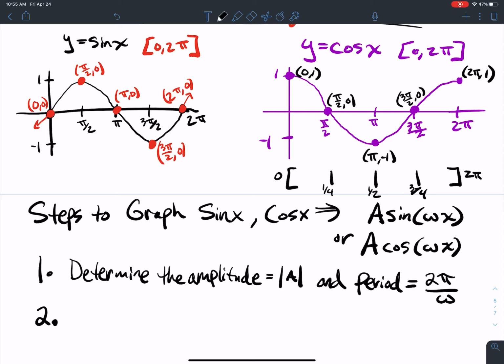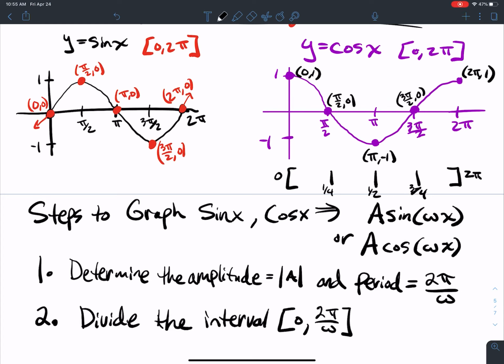We're going to do the same thing, but instead divide the interval from 0 to 2 pi over omega, into 4 equal subintervals. If omega is 1, then it's 0 to 2 pi, like our example up here.